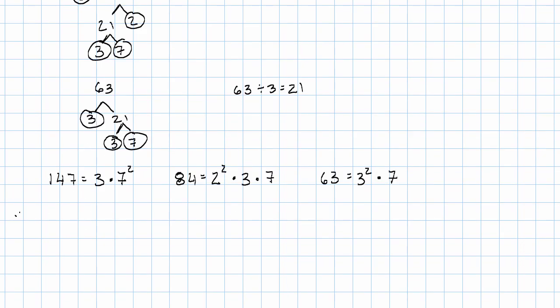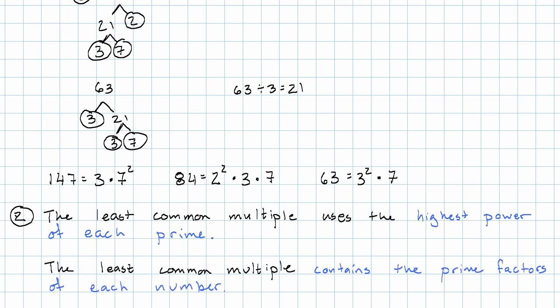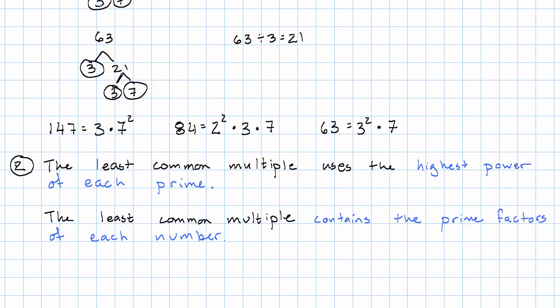Okay, and now we're ready to build the least common multiple. The least common multiple uses the highest power of each prime. Another way to put that is that the least common multiple contains all of the prime factors of each number. So let's build.